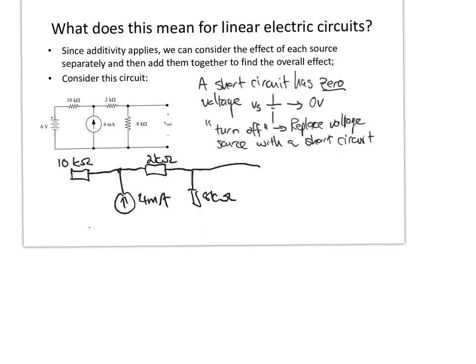And we want to find out the voltage V out. But remember, this is just considering one source, so it isn't the whole of V out. Let's call it V out dashed. And over here, we have a short circuit.